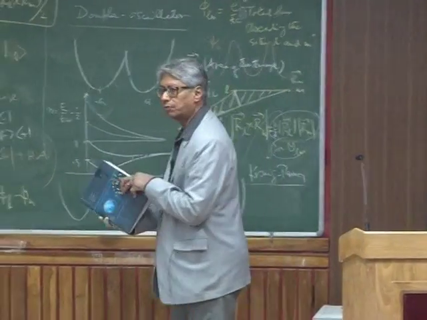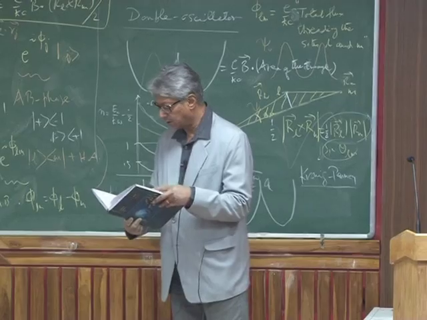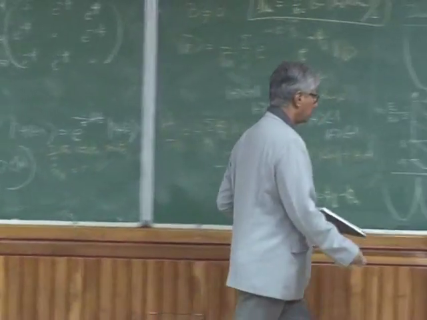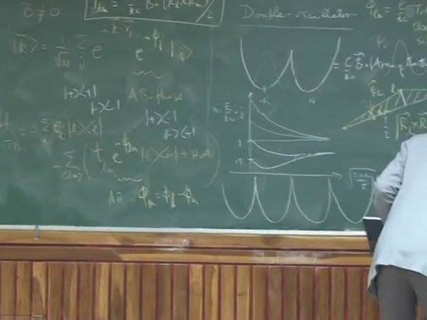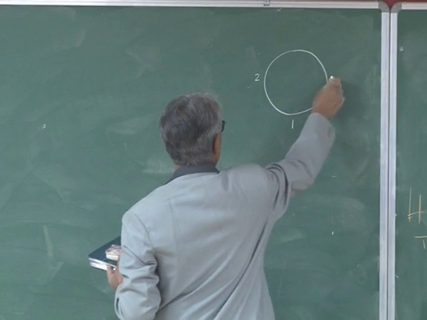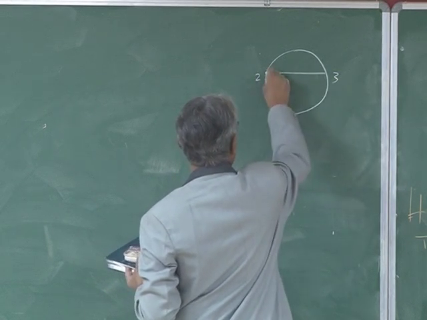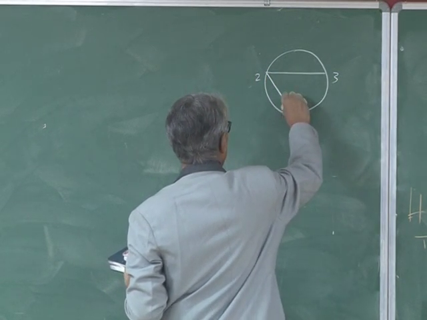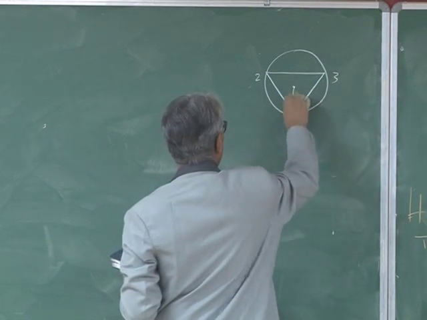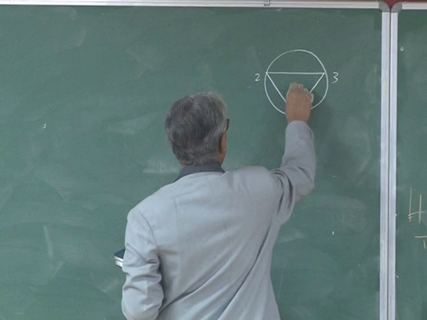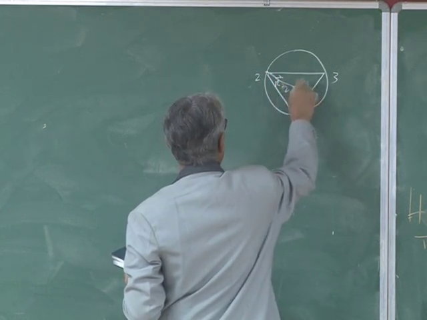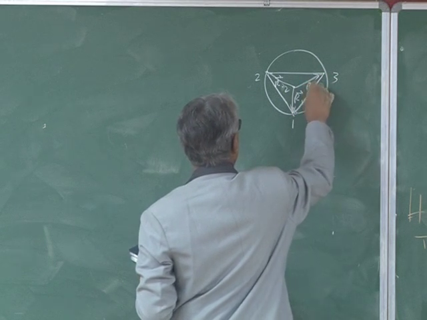which is basically the physics of two-level systems. Let me just get rid of this one. So you have this R1 vector, R2 vector, and R3 vector.